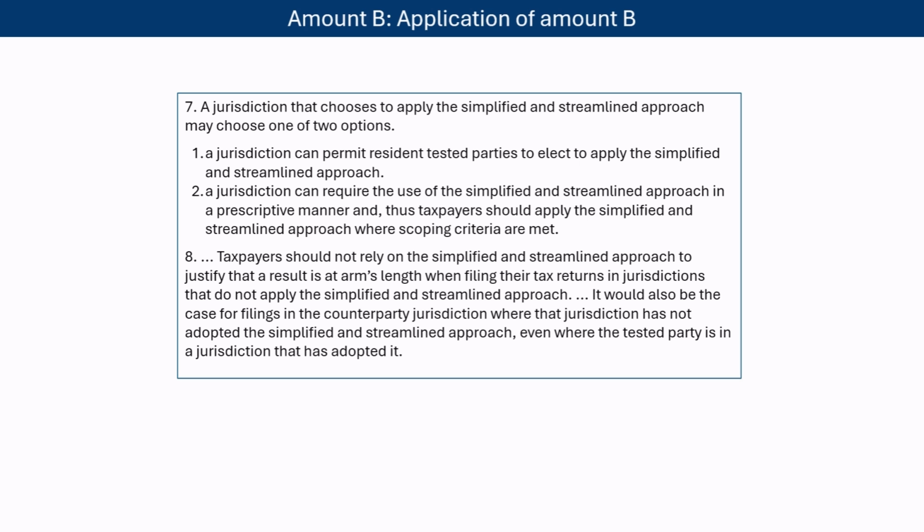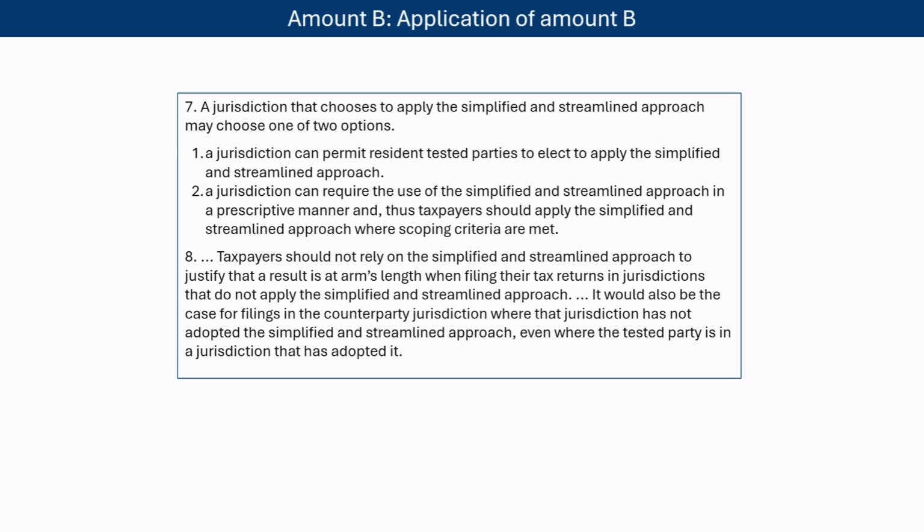And then paragraph 8 goes on to say taxpayers should not rely on the simplified and streamlined approach to justify that a result is at arm's length when filing their tax returns in jurisdictions that do not apply the simplified and streamlined approach. So you cannot force a jurisdiction to do it.